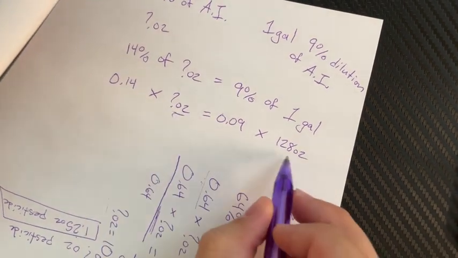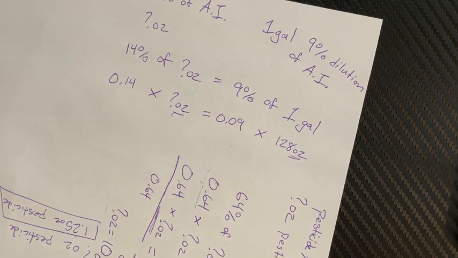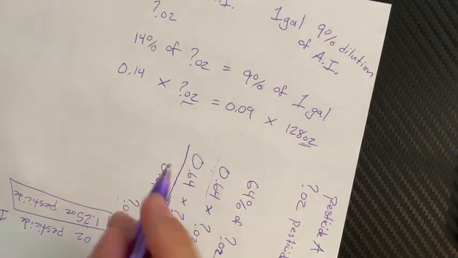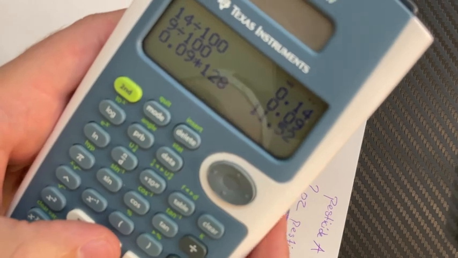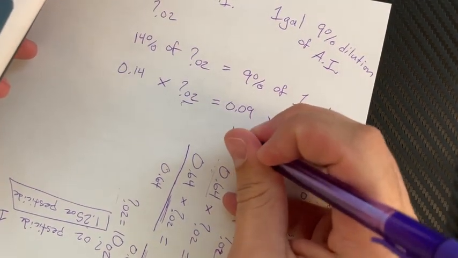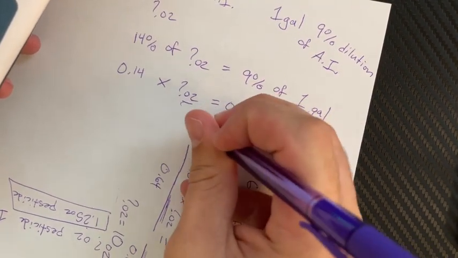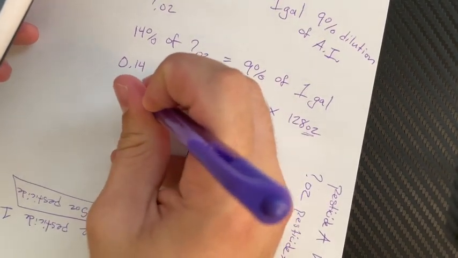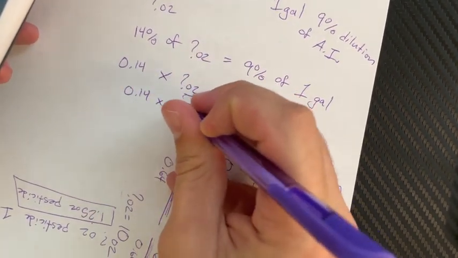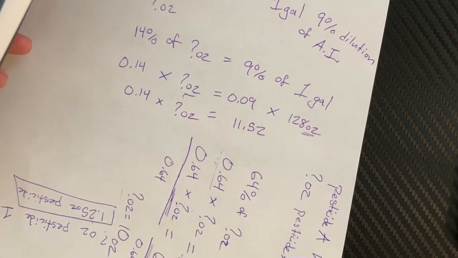So we want these to match. And they'll give you that table. Okay, now we just do the math. 0.09 times 128 is 11.52 on this side. And we can't multiply these yet, so it's 0.14 times however many ounces.